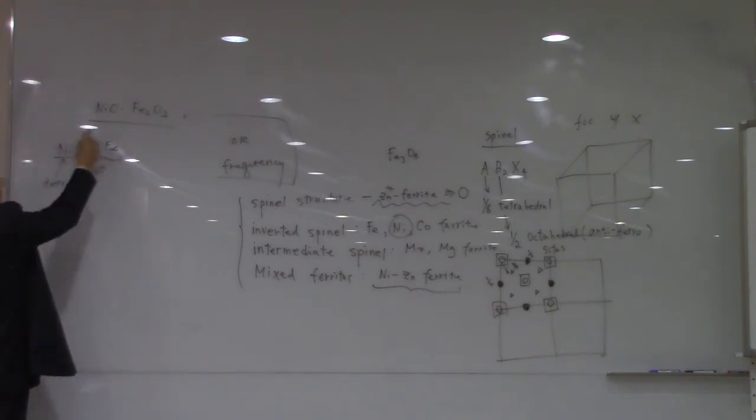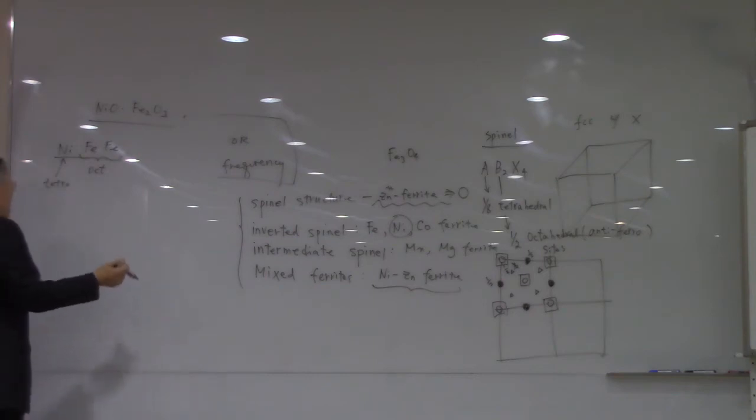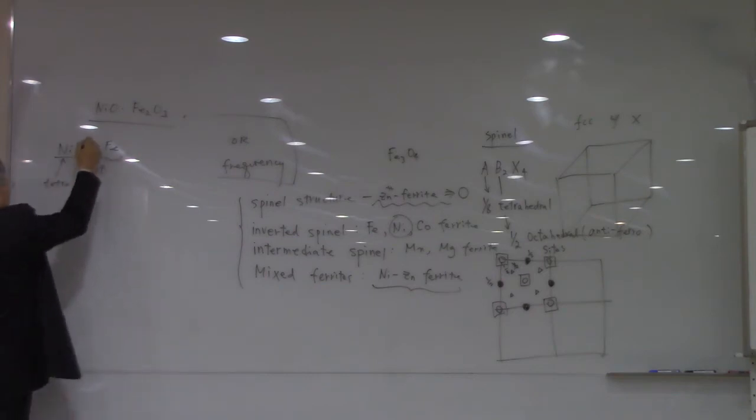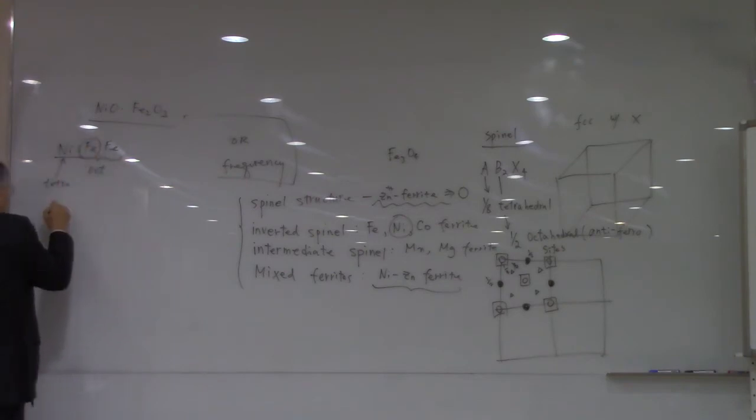But this material is called the inverted spinel structure because this first Fe takes the tetrahedral site.